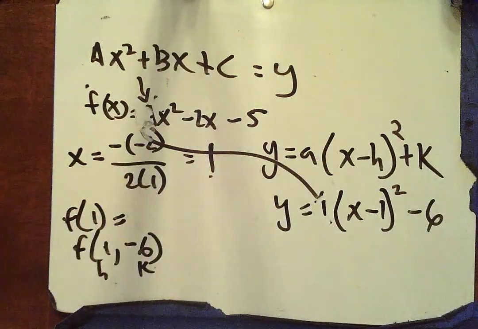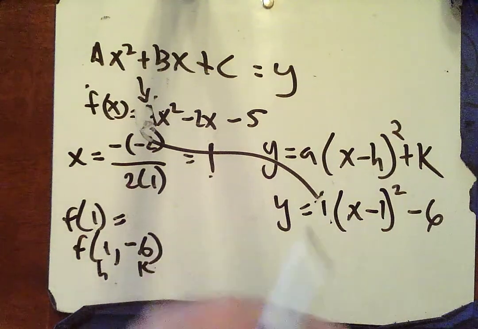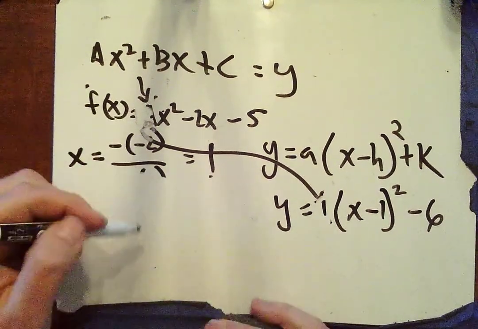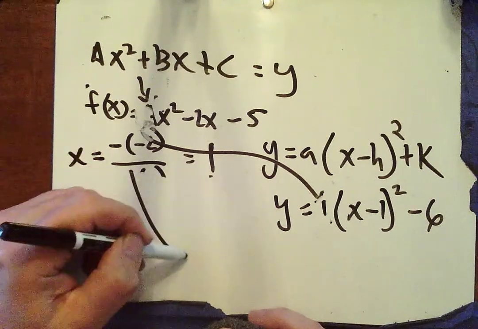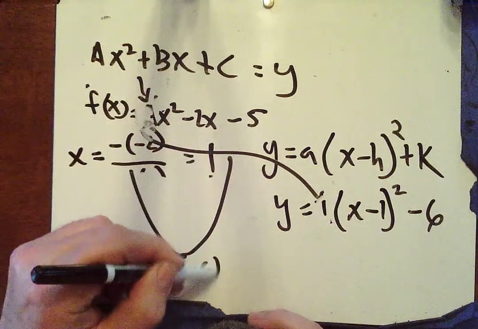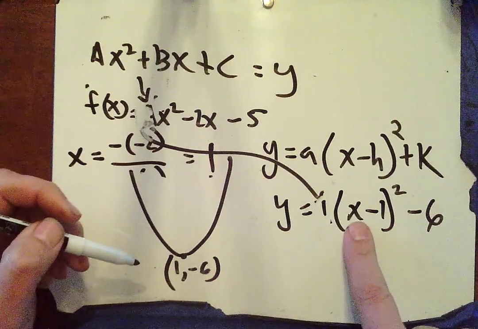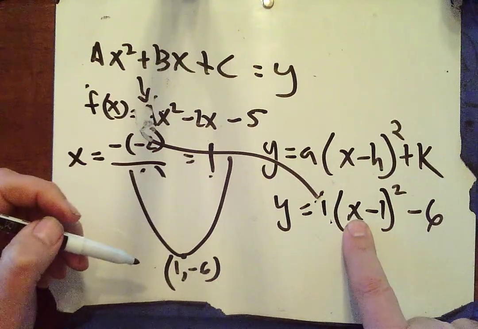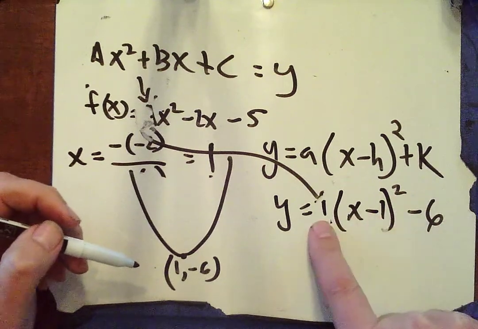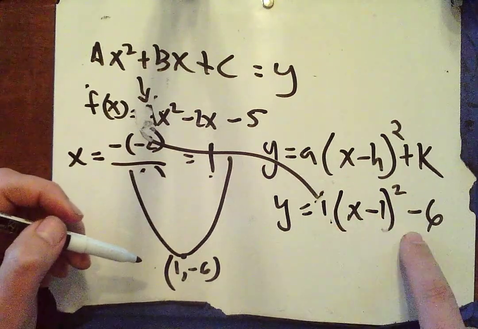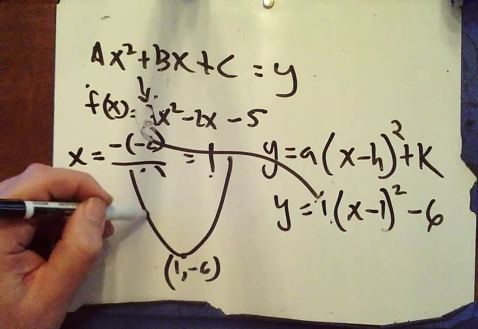Do we have to graph this? Yes, and graph. Okay, so graphing from vertex form, I'm going to plot that vertex, 1, negative 6. I'm going to put a 0 in for x to find the y-intercept. 0 minus 1 is negative 1. Negative 1 squared is 1. 1 times 1 is 1. 1 minus 6 is negative 5.